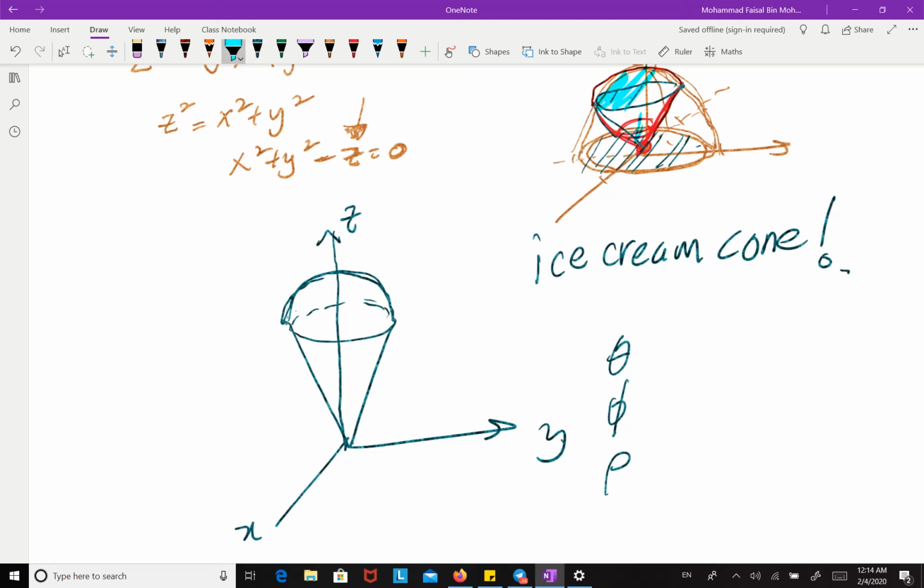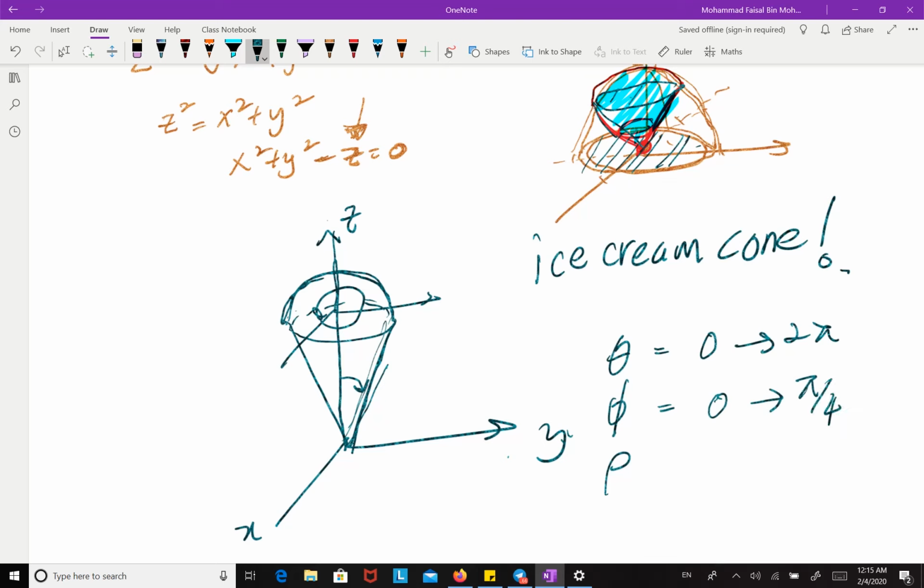Theta will be from 0 to 2 pi, because it goes all around. And then your phi is from the z-axis up to the line of the cone. You can see it is exactly on the axis, it is halved, divided by 2. So I can say it's 0 to pi over 4.